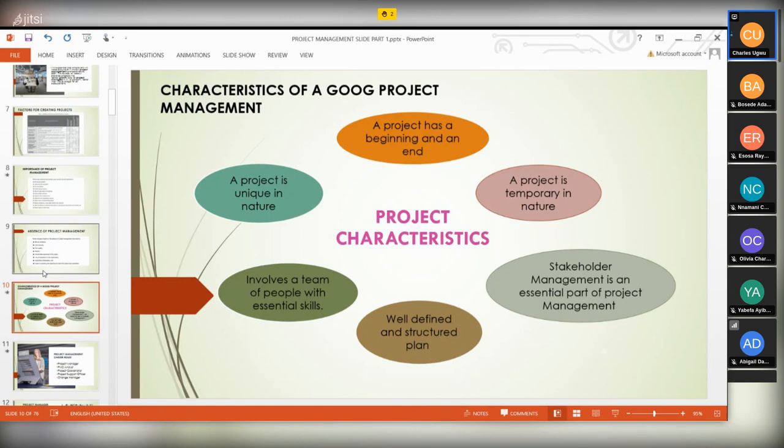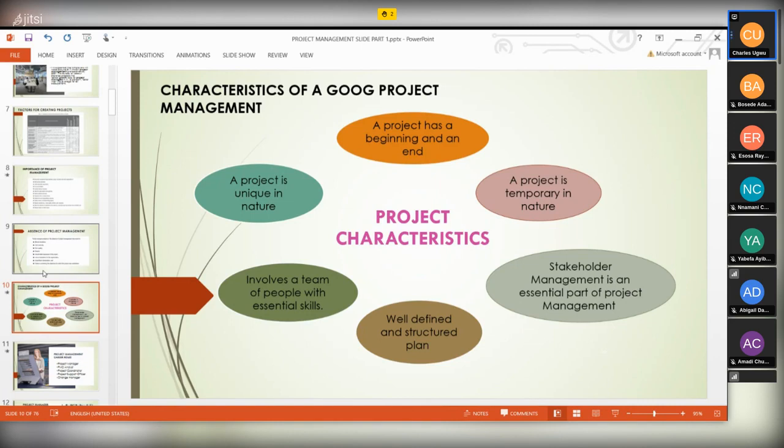When you're managing a project, it is your duty as a project manager to evaluate their skills, make sure that their skills are commensurate with the product or the project you are managing. You can't just bring a square peg in a round hole. It doesn't work. They must be skilled. And most of the time, we have a cross-functional team.